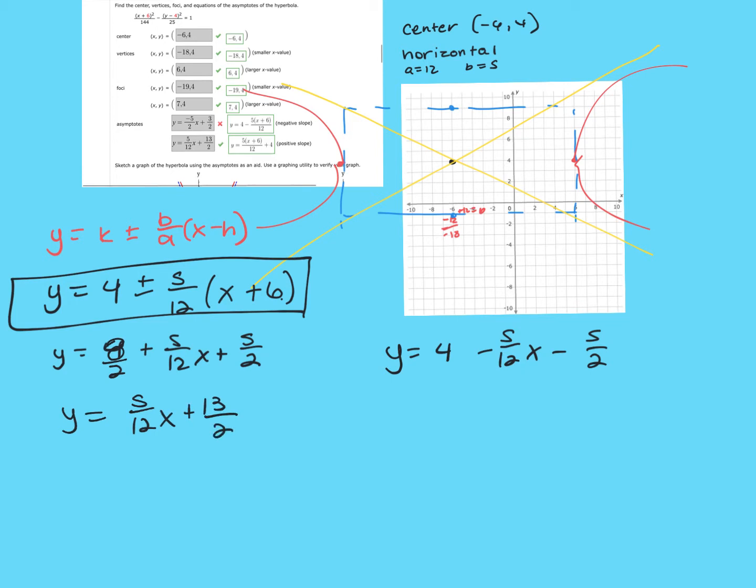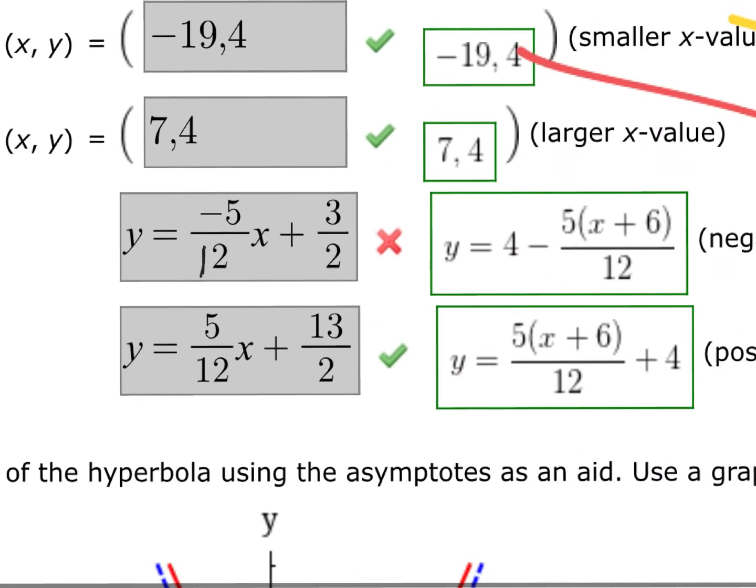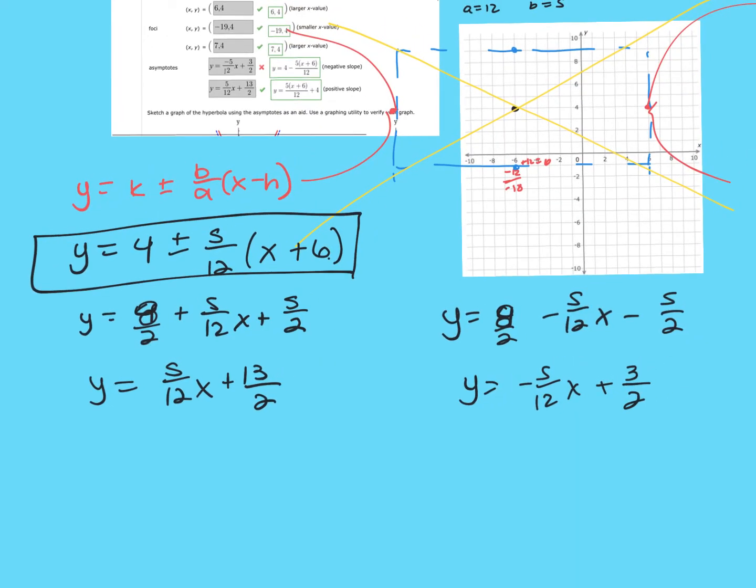Oh, that one you got right. Y equals, this would be 8/2, so it'd be -5/12 x plus 3 over 2. So look, you're just missing the 12. Oh. Yeah. That's fun. I'm sure that was frustrating. I apologize on behalf of WebAssign.